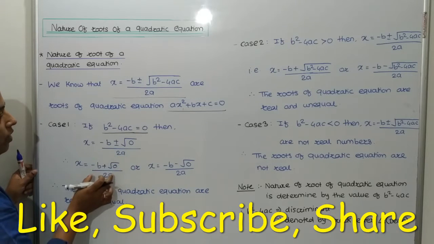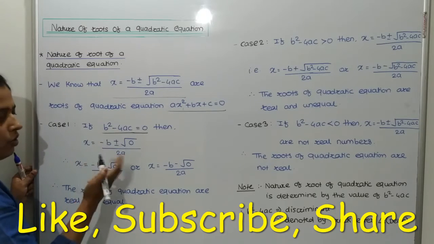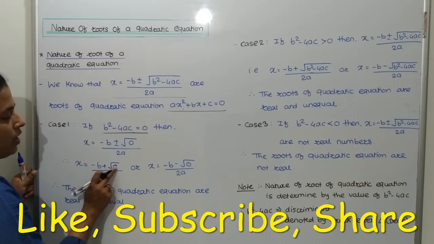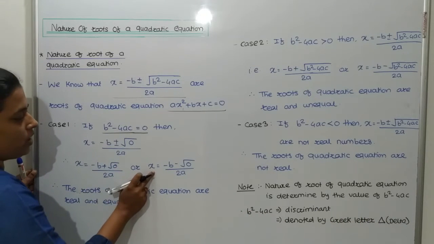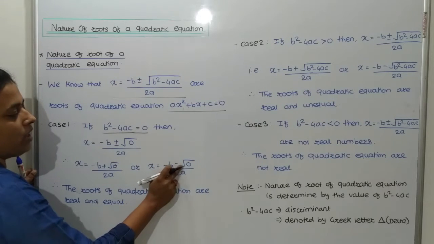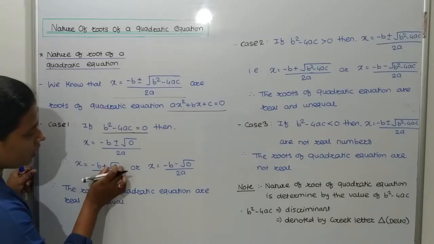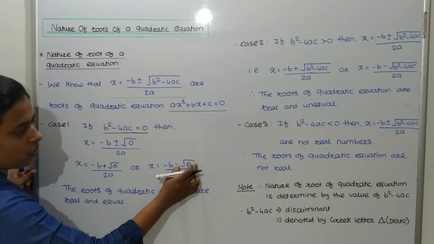So how do we get the roots? We get two roots, for positive and for negative: x is equal to minus b plus root 0 upon 2a, or x is equal to minus b minus root 0 upon 2a. Root 0 is 0 here.